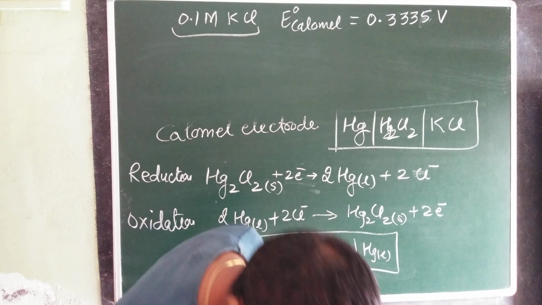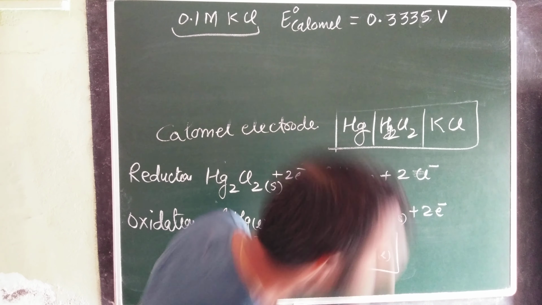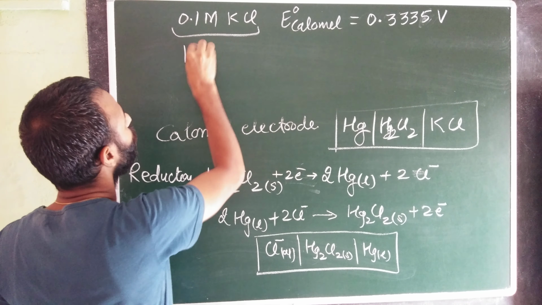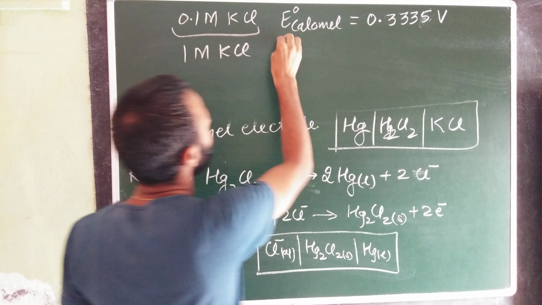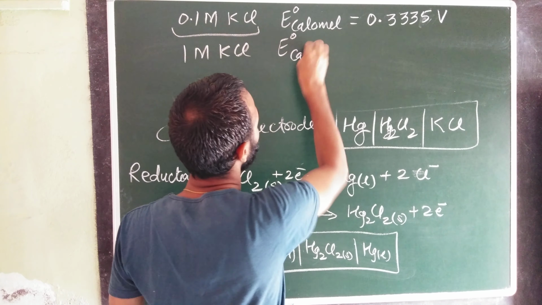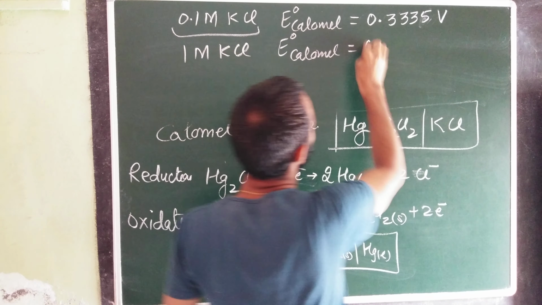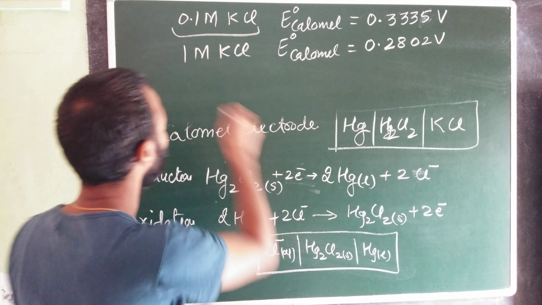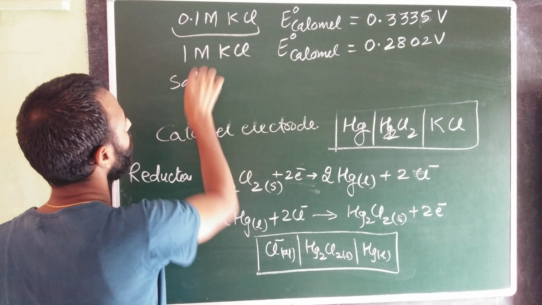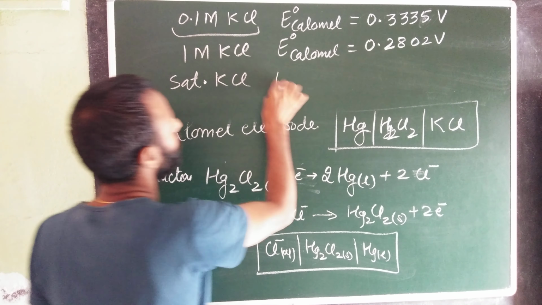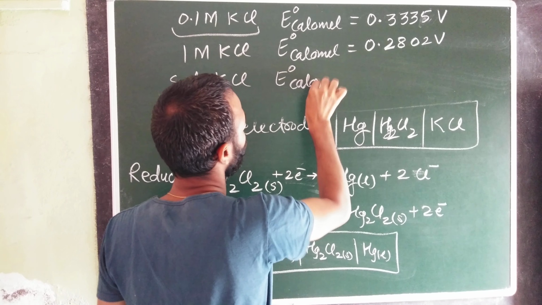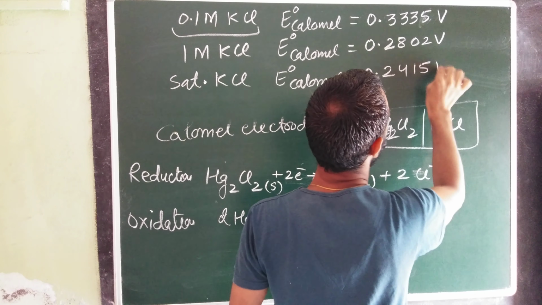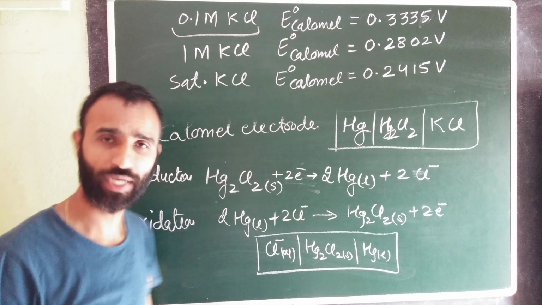And if we use 1 molar KCl, then E naught value is 0.2802 volt, and if we use saturated KCl, then E naught value is 0.2415 volt. Keep in mind.